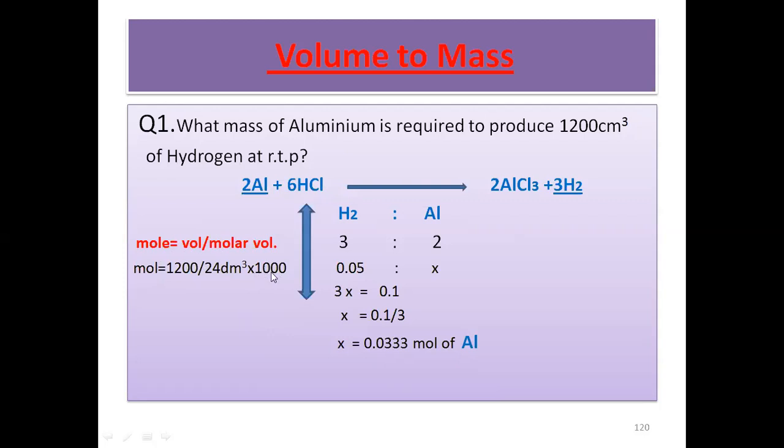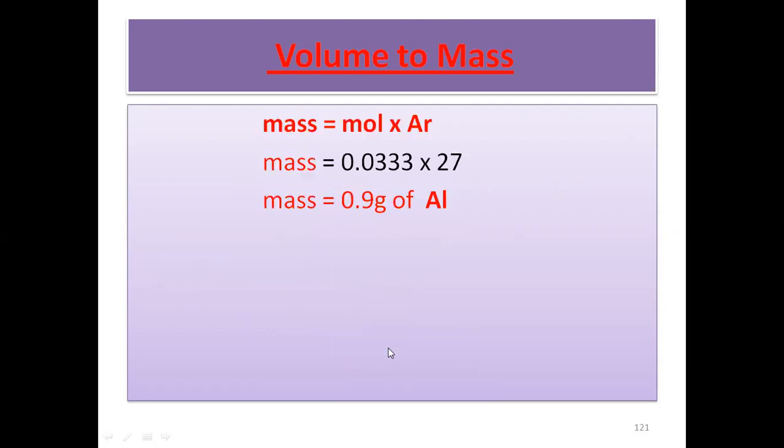This 1000 is used to convert centimeter cube into decimeter cube. After calculation, we get 0.05 moles. So we cross multiply the values and we have 0.0333 moles of aluminium.